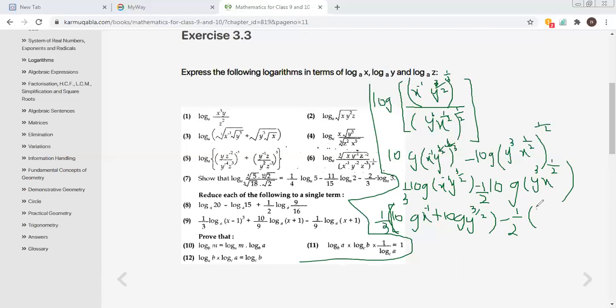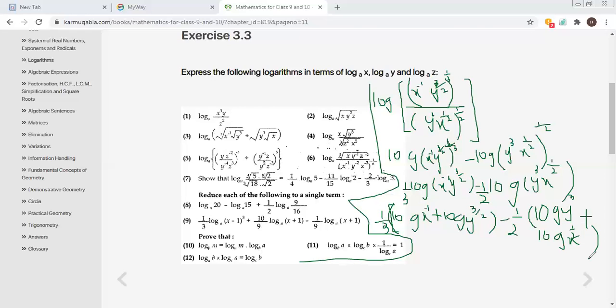So it becomes log y cube plus log x, with 1 upon 2 outside, right?